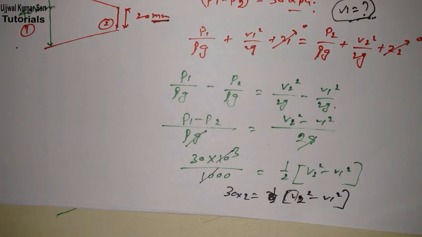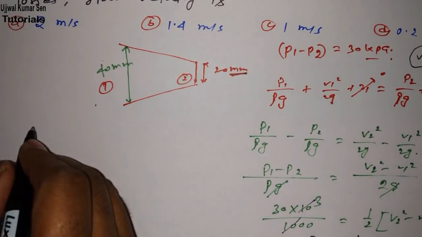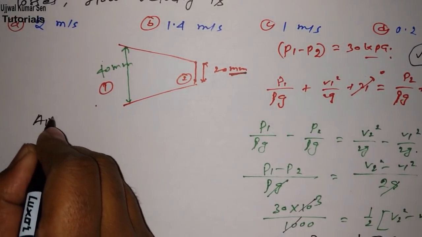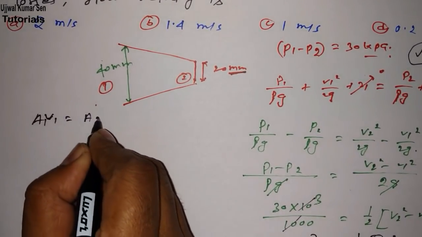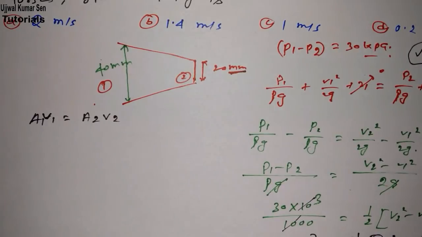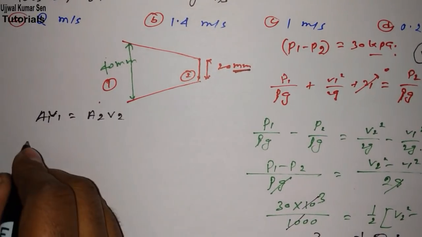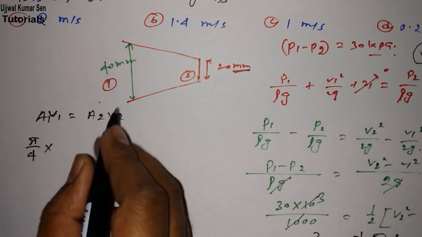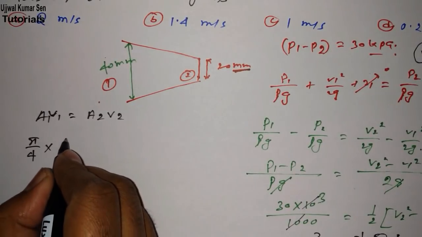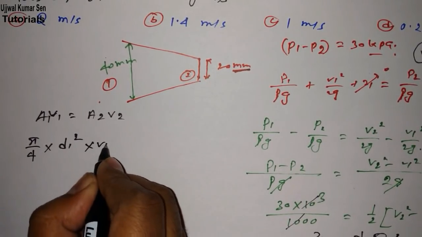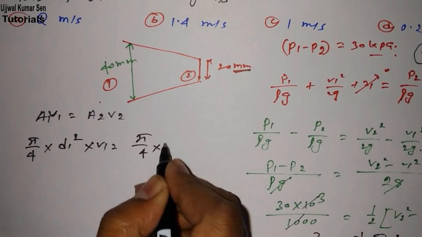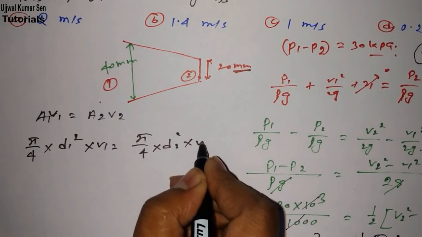Now I have shared with you another relation known as the continuity equation, that A1 V1 is equal to A2 V2. A means the cross-sectional area of this circular section, pi by 4 D1 square into V1 equals pi by 4 D2 square into V2.